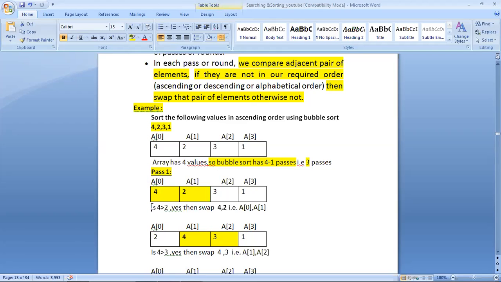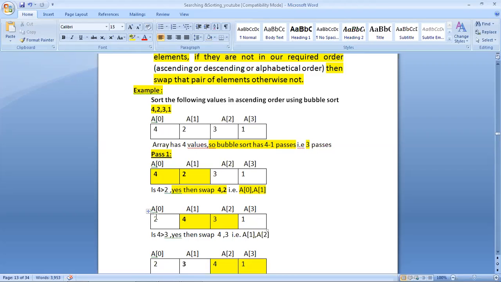So we check: is 4 greater than 2? Yes, meaning these two values are not in ascending order. So we swap 4 and 2, that is A of 0 and A of 1. A of 0 and A of 1 is nothing but the first element and second element of the array, that is the first adjacent pair of elements of the array.